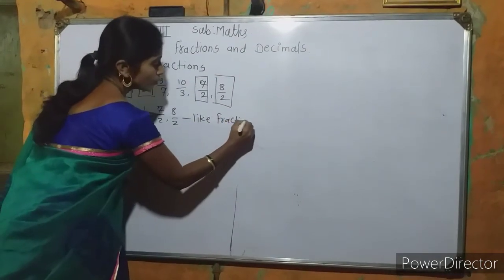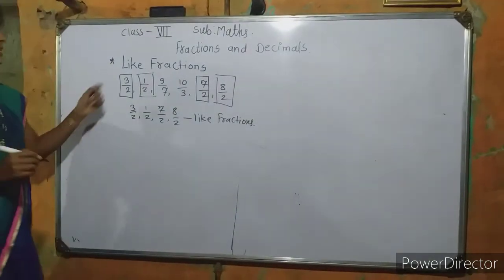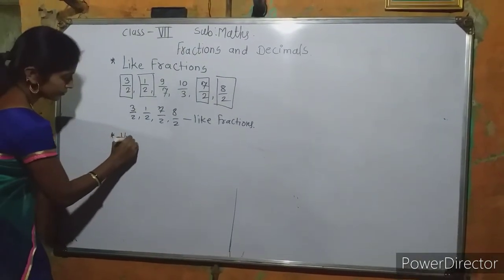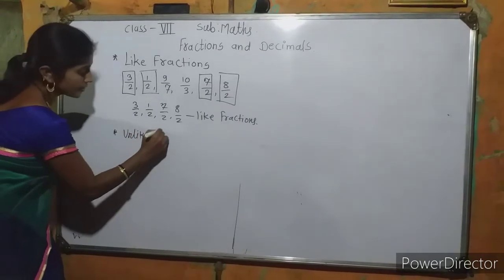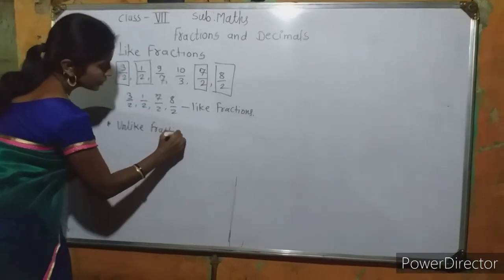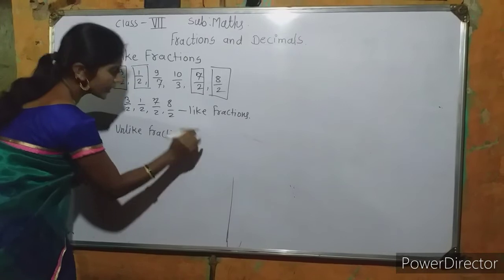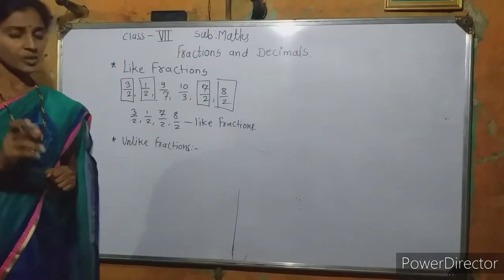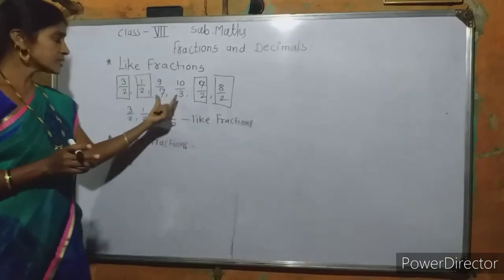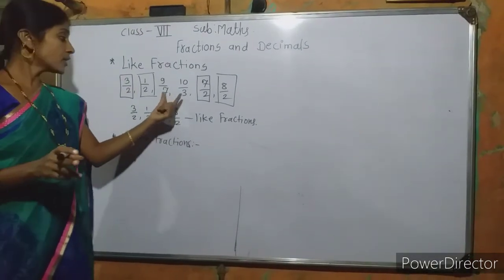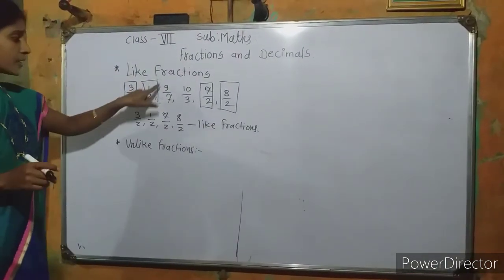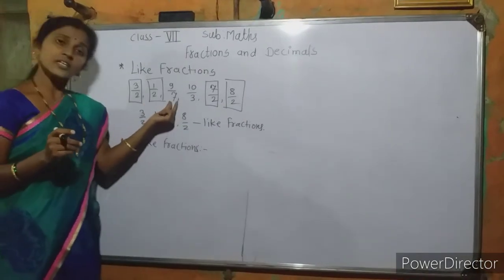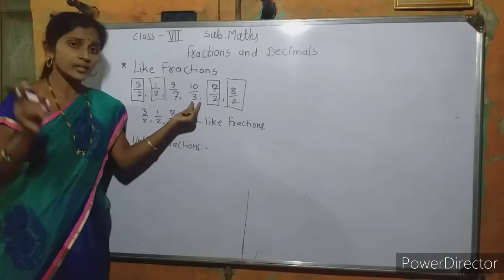Now the second point is unlike fractions. The definition of unlike fractions is fractions whose denominators are different. Look here, 9 by 7 and 10 by 3. Here the denominator is 7 and here the denominator is 3.